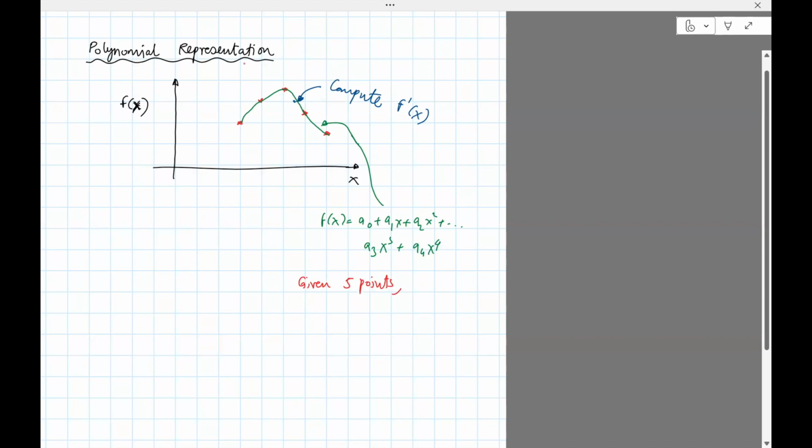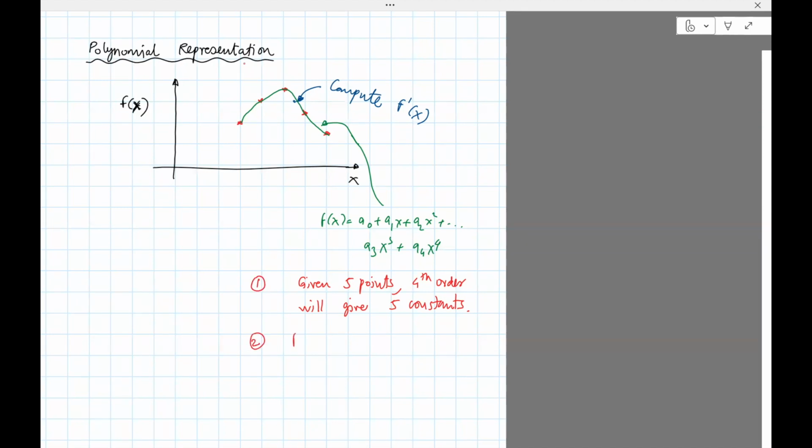So we can evaluate 5 constants, and 5 constants appear in a 4th order equation. So 4th order will give 5 constants. And so the claim is that you can then find those 5 constants using the values at those 5 points. So once you do this, this is step 1.